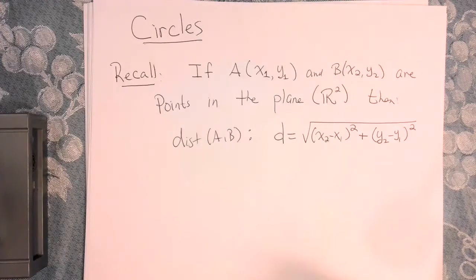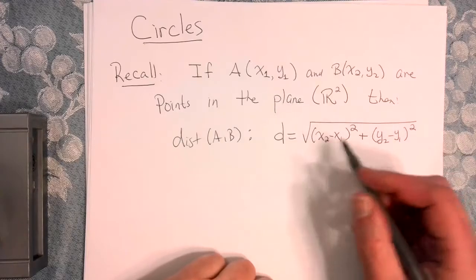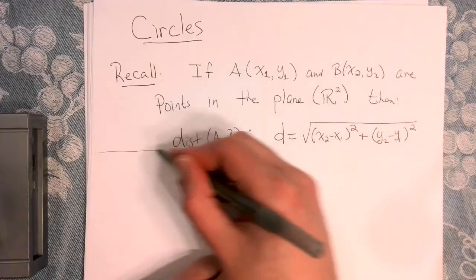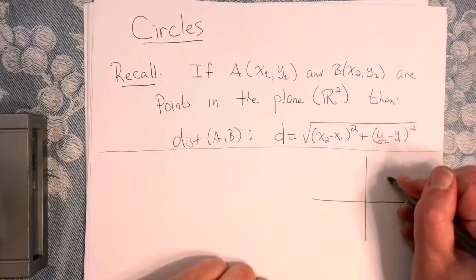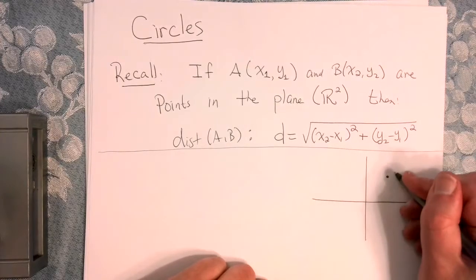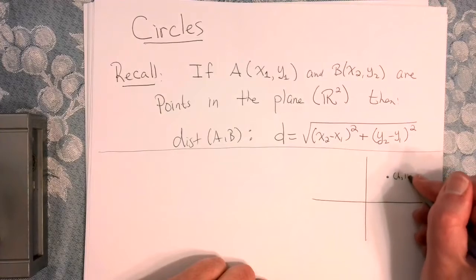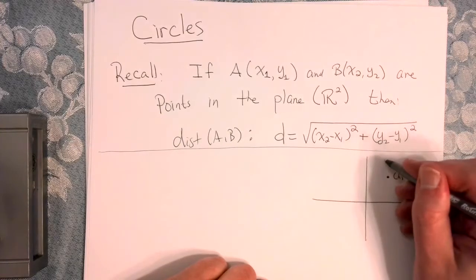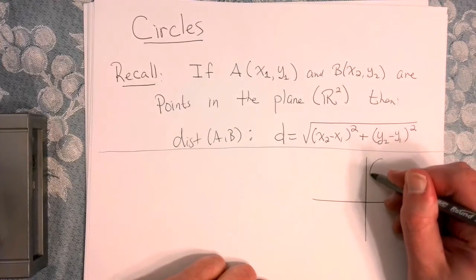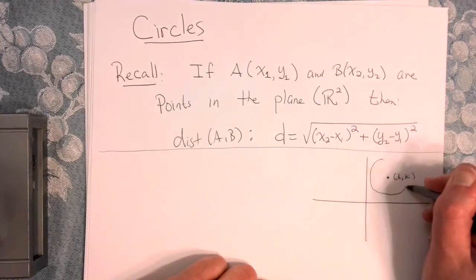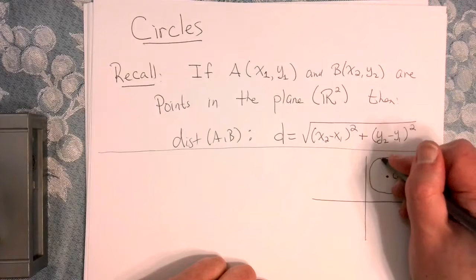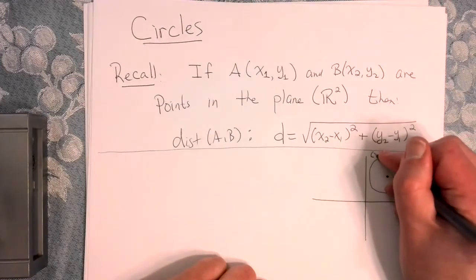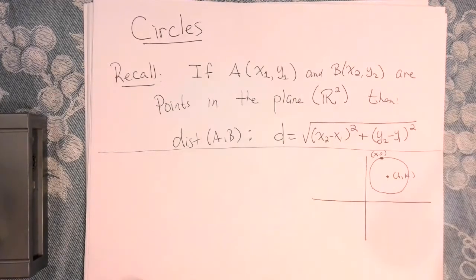Okay, so maybe we could draw a circle and extract the definition from our picture. Let's say here's the center of our circle, let's call that classically (h, k). Now I need you to pretend this is a circle. And let's say this is some point on the circle, (x, y).